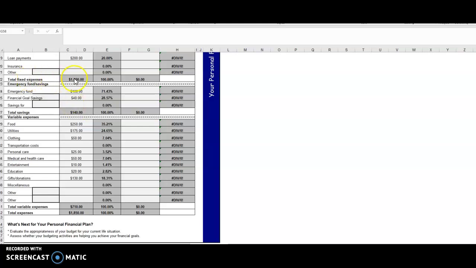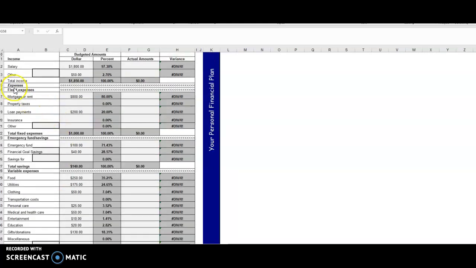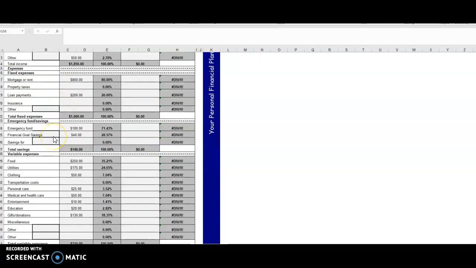So if you add fixed expenses, total savings, total variable expenses, add those all together, then that's where you get your 1850 total expenses. This number on a budget, total expenses, should be the same as total income because that's your plan.